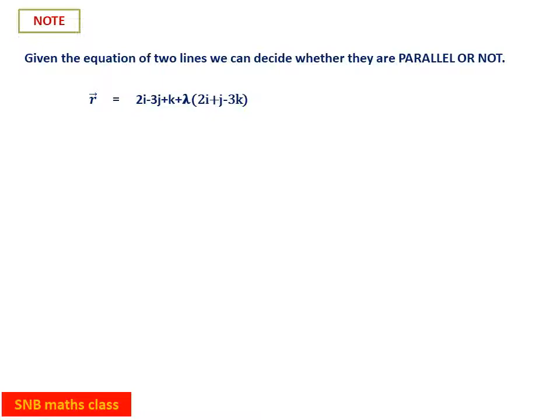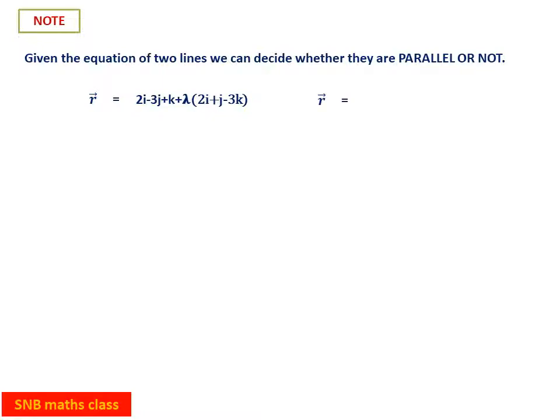Here in the first line, the first vector 2i minus 3j plus k refers to the position vector of the point on the line. And the second one, lambda times b1, 2i plus j minus 3k, that is the vector b1. So that means the given line is parallel to the vector 2i plus j minus 3k.